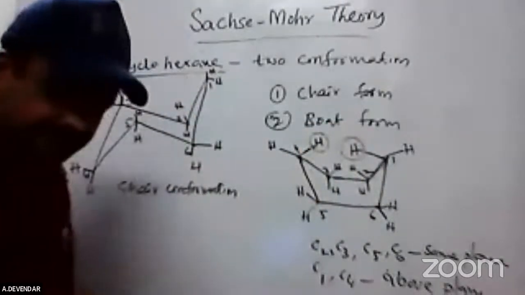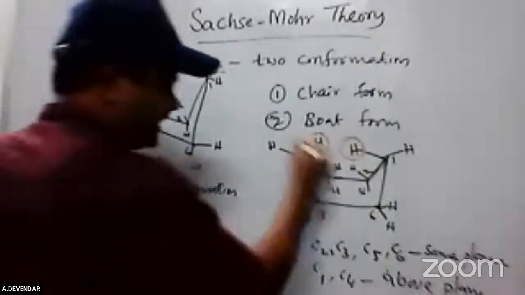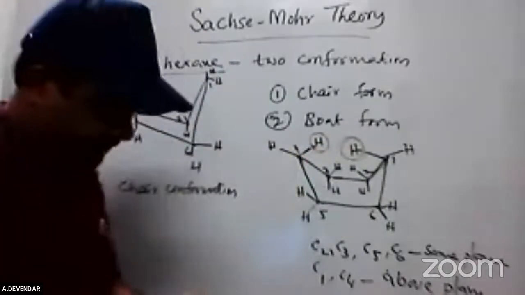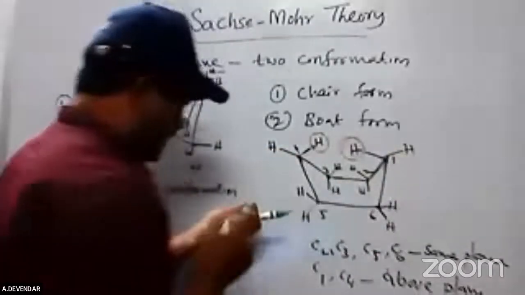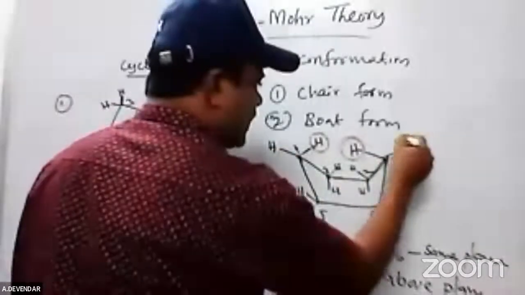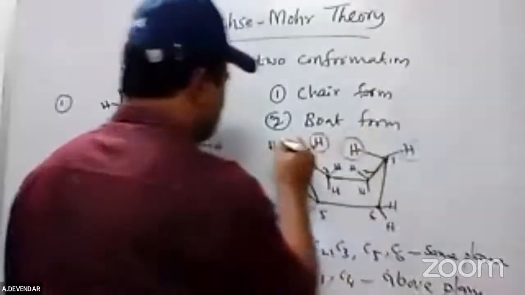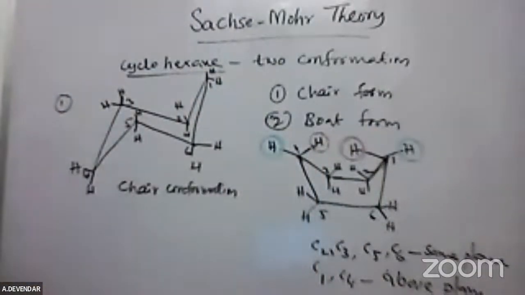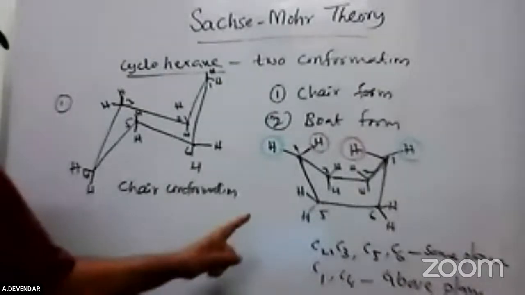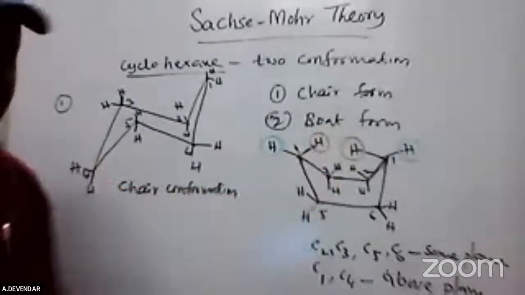This is a red hydrogen, very close to the other, and one more hydrogen is there on the fourth carbon. I'm using green color for your clarification only.